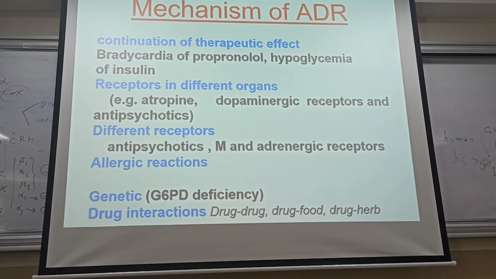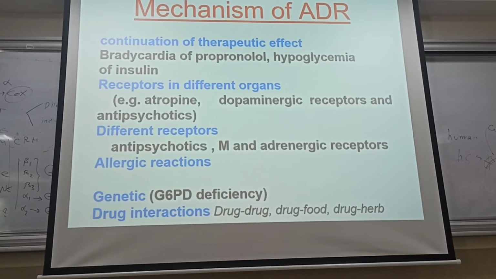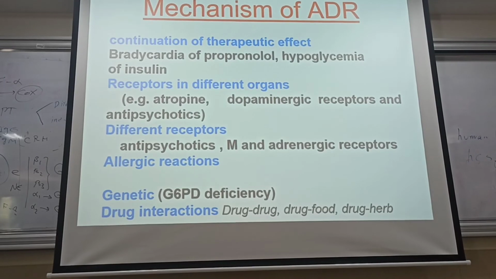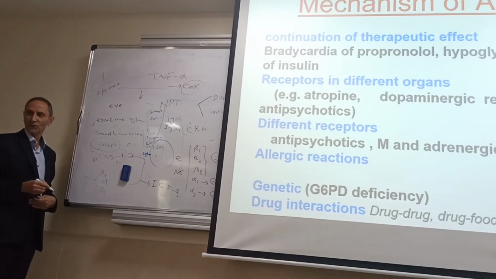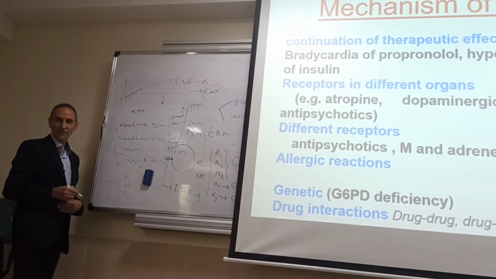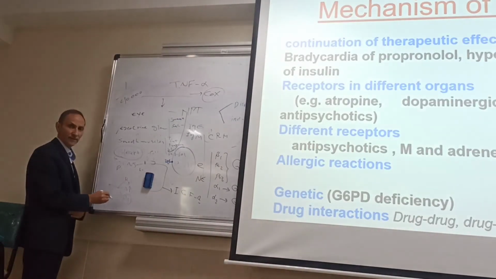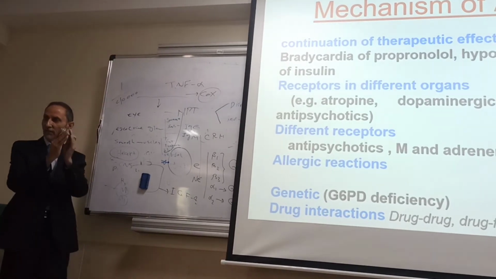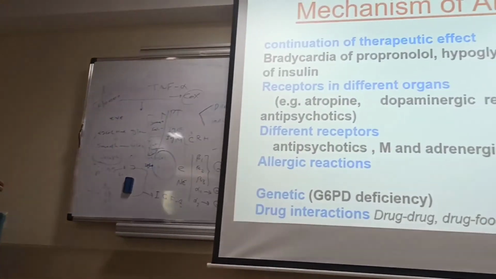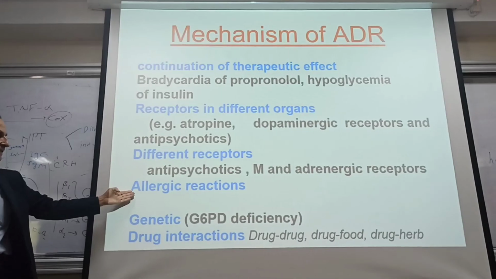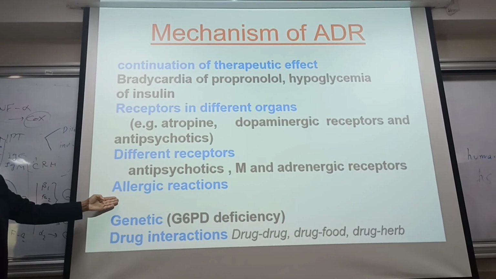Diphenhydramine has antagonistic action on H1 histamine receptors, on muscarinic receptors of acetylcholine, and also on alpha-1 adrenergic receptors. So a drug can act on different receptors, and we have a wide range of side effects. And as I said, we have allergic reactions, 4 types of allergic reactions.